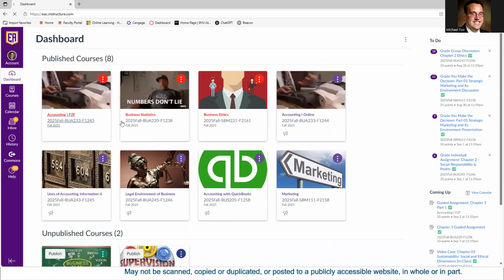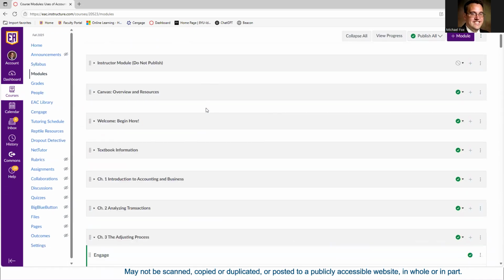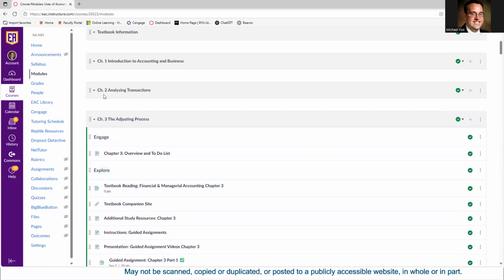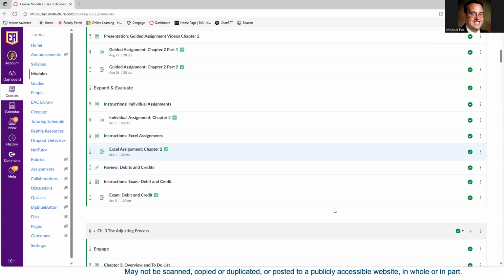So if you go into the module and look at the chapter 2 module, there is a review here, and it's kind of like a little practice exam. You can do it as much as you want, and it gives you feedback. If you go through that a couple times to where you're comfortable doing this, you're going to do really well on the exam.